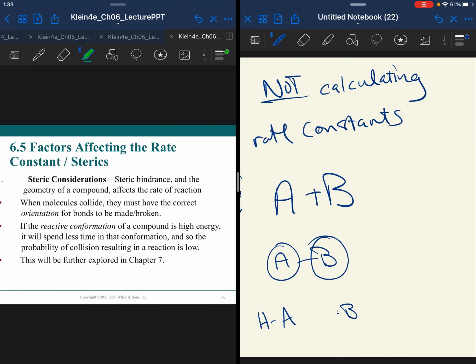If your acid and your base don't bump into each other in the direction that is going to put the electrons from the base and the proton from the acid together, a reaction may not happen even if they have enough kinetic energy. So the steric considerations, the size and shape of the molecules, will also play a role.